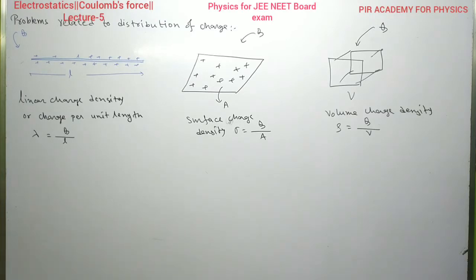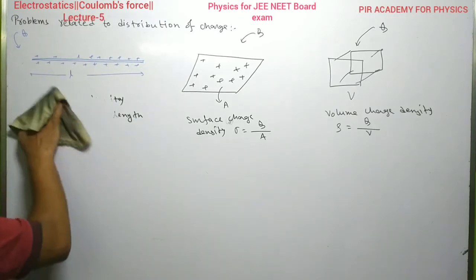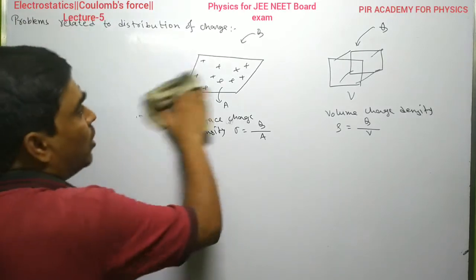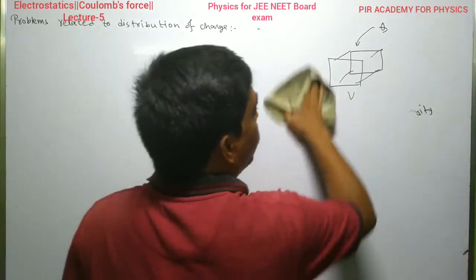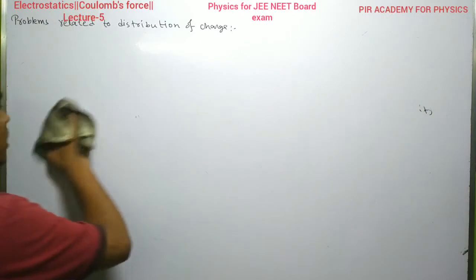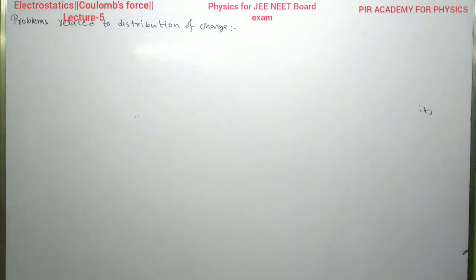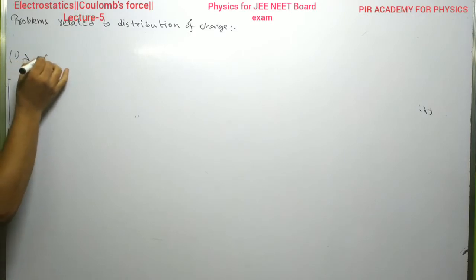Now here I will discuss all the possible problems related to distribution of charge. Number 1, suppose this is a wire, the length of the wire is L, and lambda is the charge density.